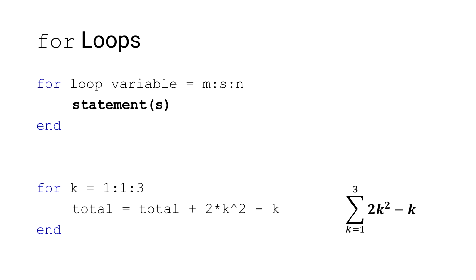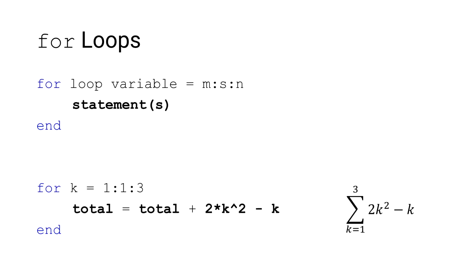And for each value of the loop variable, we'll execute our statement, which in this case is performing the summation. Now this is a little bit different in MATLAB, and here's how you would read this line. Our current value of the total is equal to our previous value of the total plus 2 times k squared minus k.